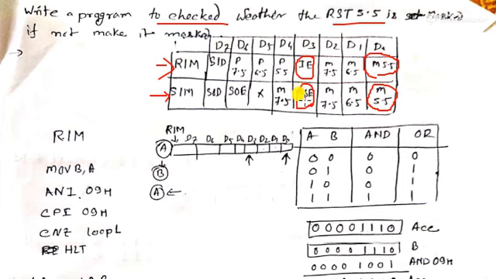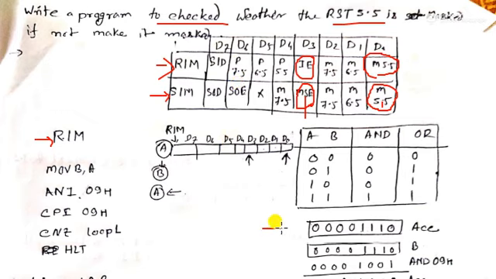That means it should be 1 and it should be 1 if it is not masked. So how do we do that? First of all, we use the RIM instruction. The RIM instruction loads the accumulator according to the previous status of the interrupt.